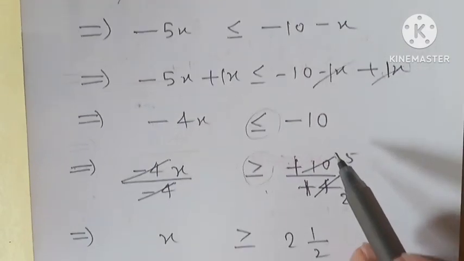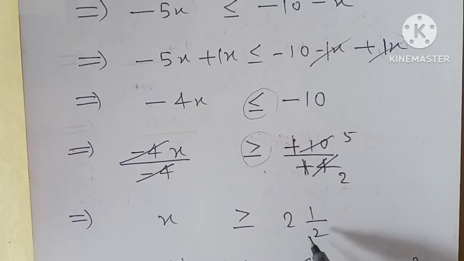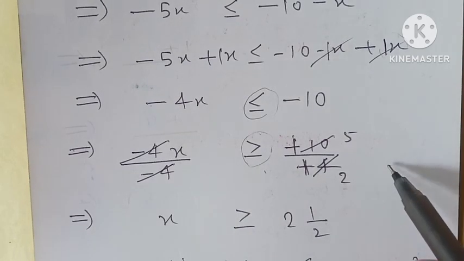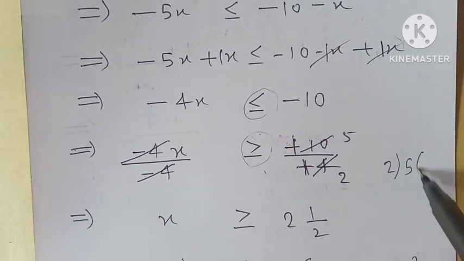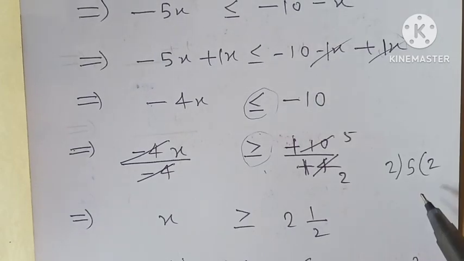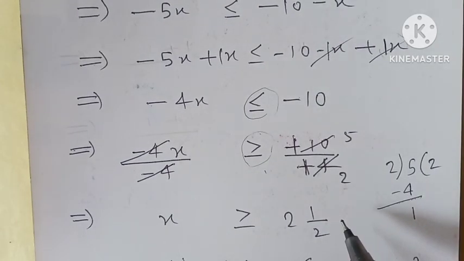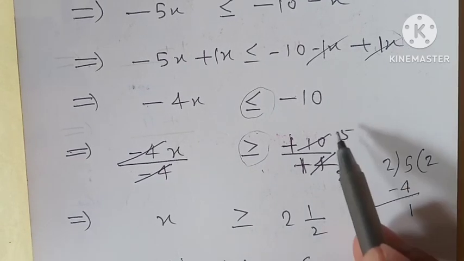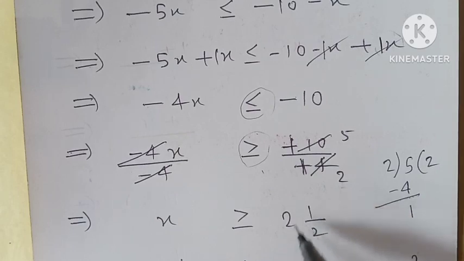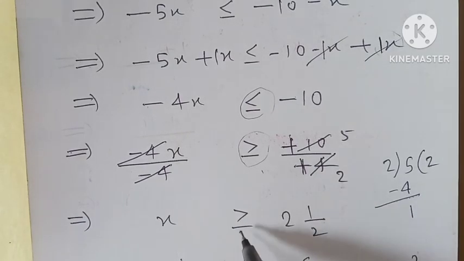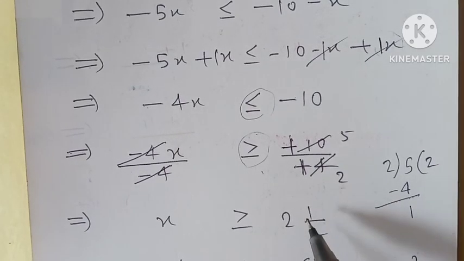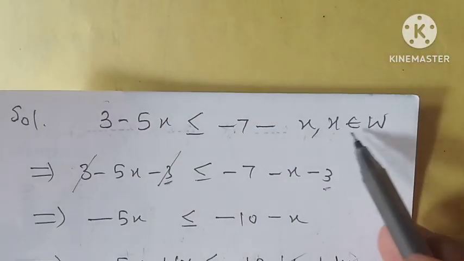After converting 5 by 2 into a mixed fraction, if we divide 5 by 2, we get quotient 2 and remainder 1. So we have 2 and 1 by 2. So x is more than or equal to 2 and 1 by 2.